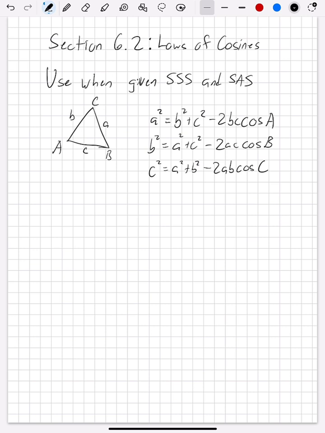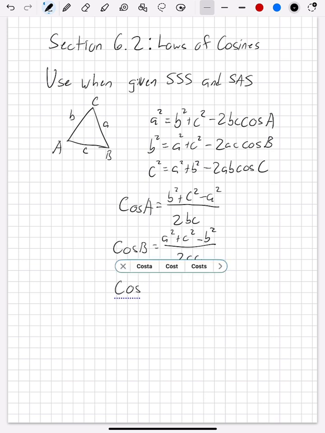However, if we need to find angle measurements, we can derive them from this formula. So the cosine of the angle A will be equal to b squared plus c squared minus a squared divided by 2bc. As you can see, that's just been derived from the a squared equals b squared formula. The cosine of B will be equal to a squared plus c squared minus b squared all over 2ac.